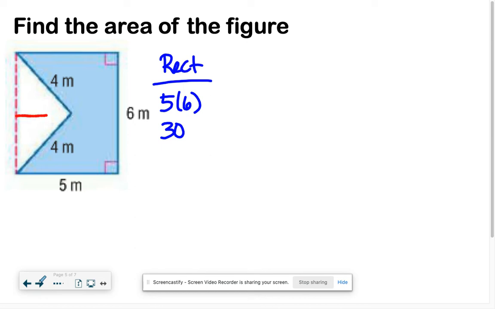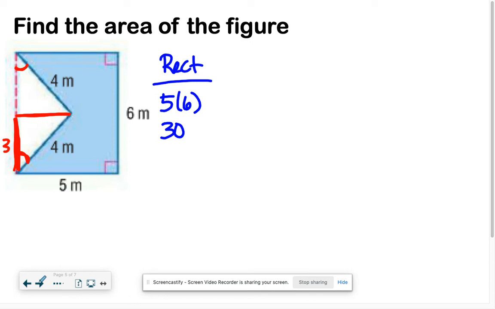We don't know our height, right? But we know that this is 4, and if we're cutting this side in half, how do I know I can cut 6 in half? Because we have an isosceles triangle, which means your altitude comes directly in the middle.